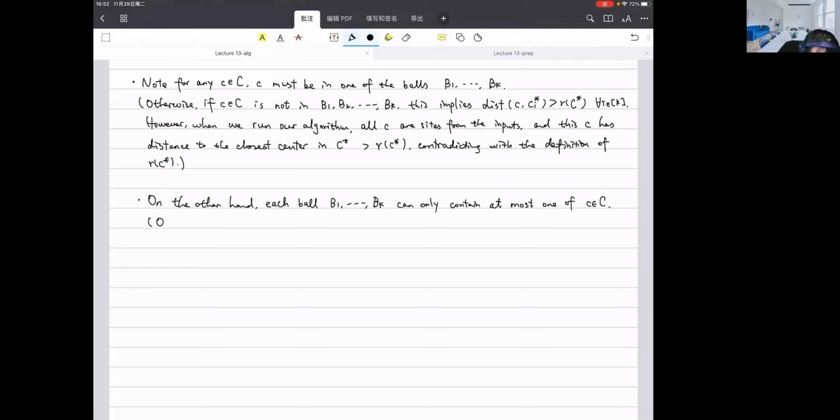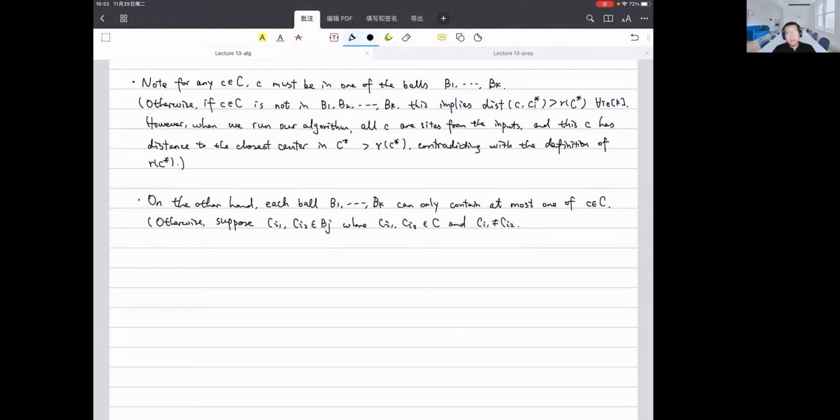Why is this the case? Otherwise, suppose Ci1 and Ci2 are both in Bj, where Ci1 and Ci2 are both in C. Of course, we are using different i1 and i2, so we assume they are not equal to each other.